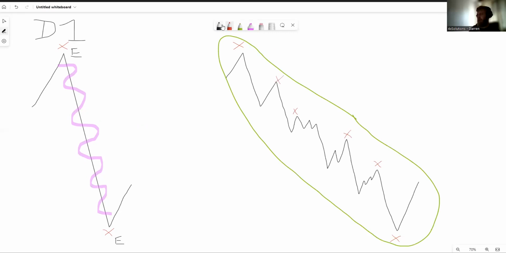So if price trades higher into this zone over here, for example, this may be a 15-minute external range liquidity. It may be a 1 hour external range liquidity, but on the 4 hour, it may be internal. On the daily, it's definitely internal, right? So you mean it depends on the time frame?